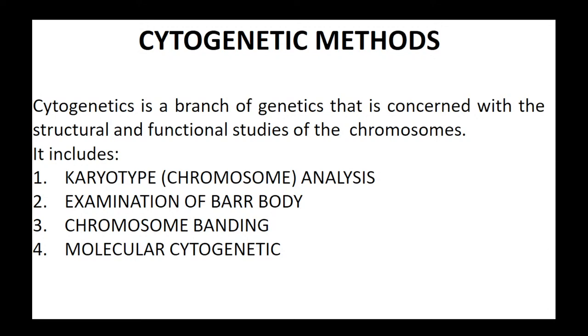The next group of methods of medical genetics are cytogenetic methods. This is a group of methods which are based on studying of chromosomes. This method includes karyotype analysis, examination of Barr body, chromosome banding, and molecular cytogenetics.